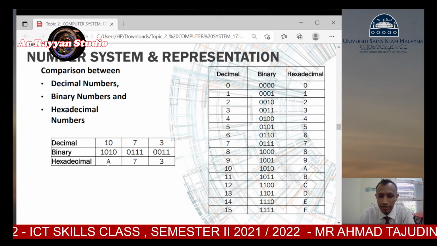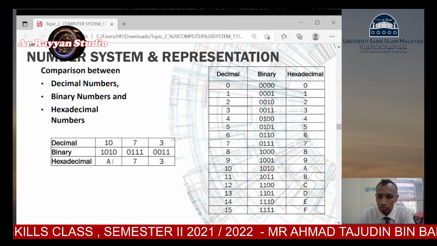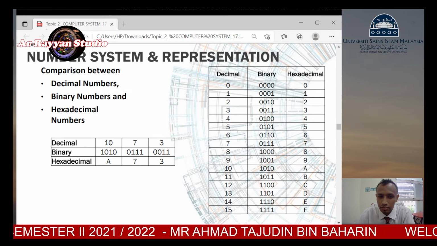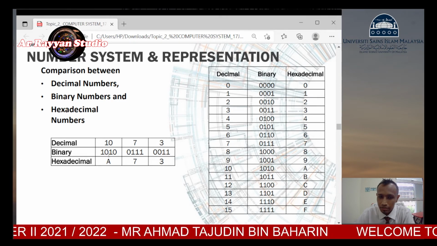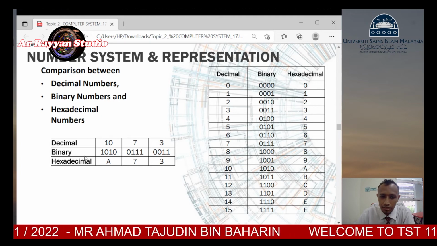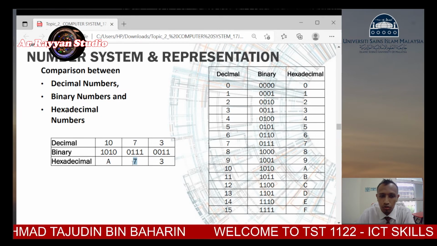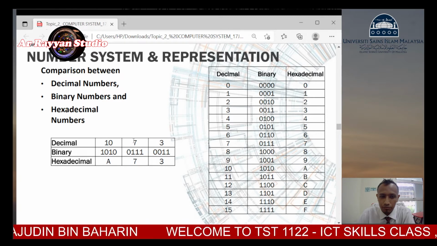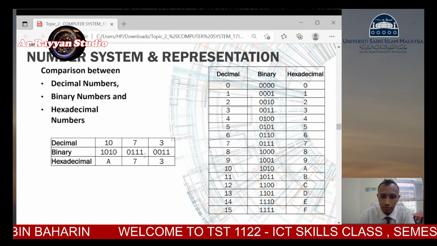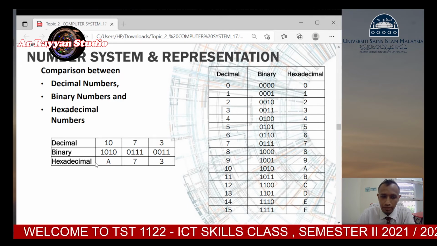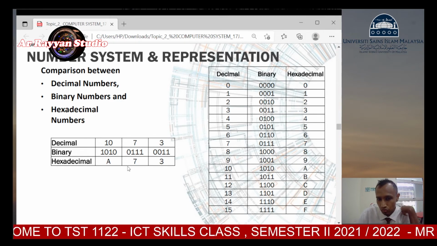So dalam hexadecimal A, capital A dia akan represent sebagai 10 dalam decimal. Okay, sama juga dengan contoh dia 7 dalam decimal. Okay, dalam binary dia represent 0111. So dalam hexadecimal dia represent 7.